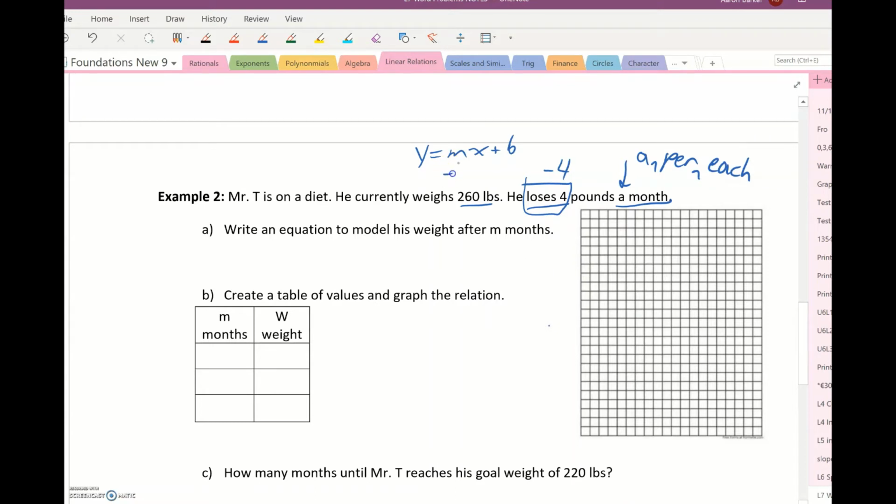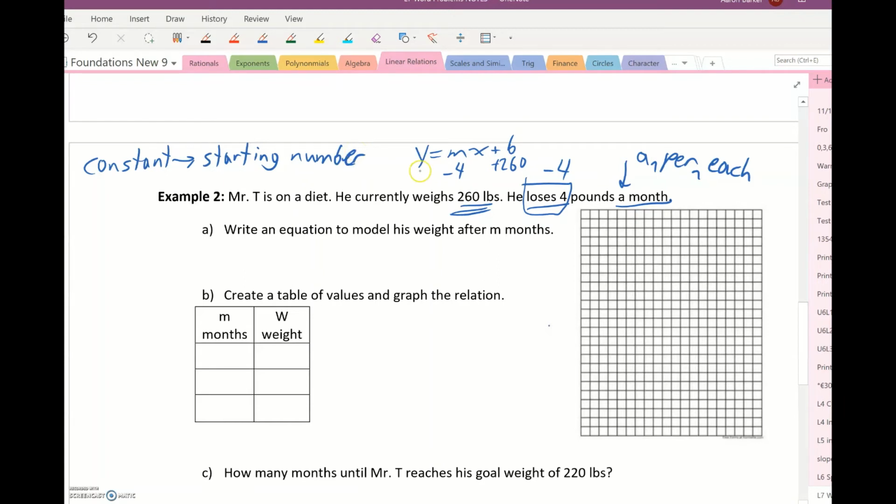So we would have a -4 m value, and the starting weight would be our b value, plus 260. Often your constant is what we start with, often a starting number for our relationship in our graph.